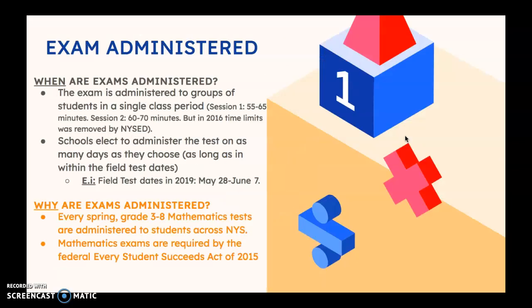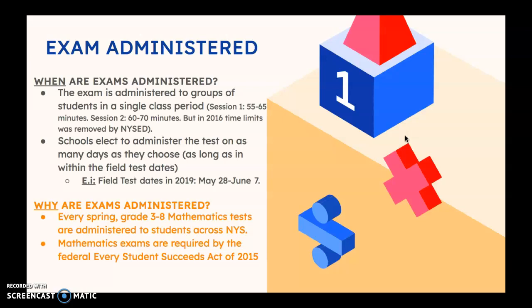And how is the exam administered? So the exam is administered to a group of students in a single classroom. The first session was between 55 to 65 minutes. The second session was 60 to 70 minutes.